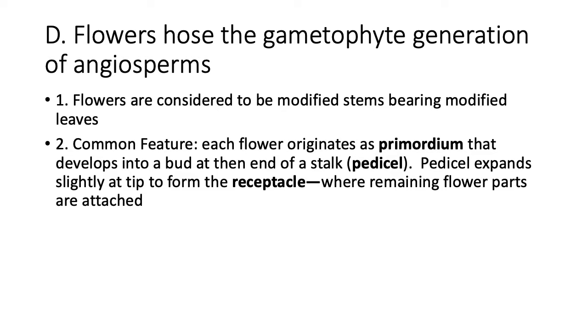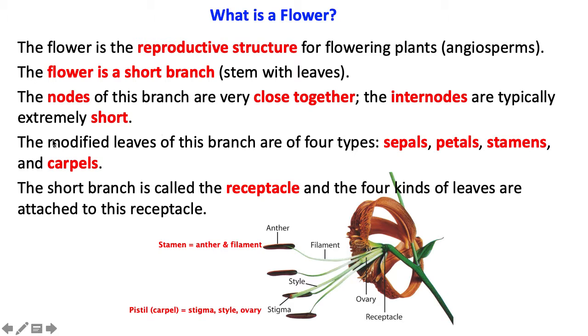I think I have a picture on the next slide that shows the receptacle. So don't write everything on this slide. I want you to write this bullet point right here. The modified leaves of this branch are of 4 types: sepals, petals, stamens, and carpels.